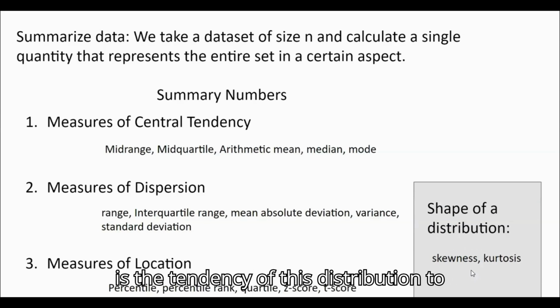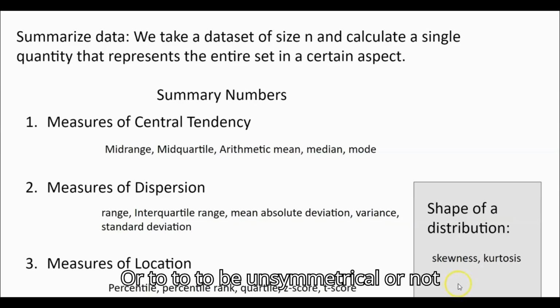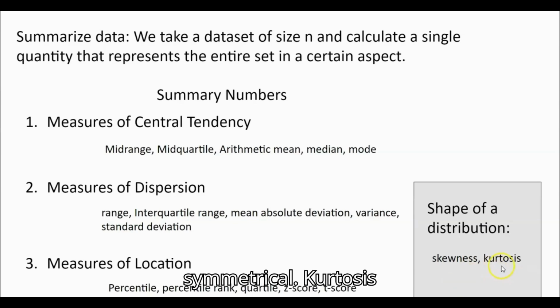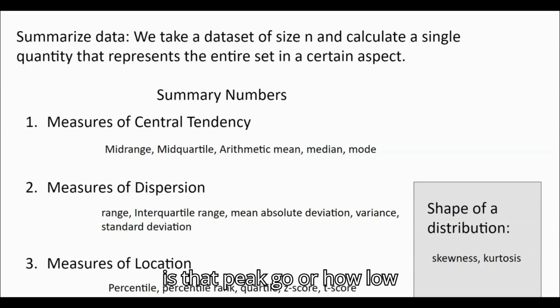What is the tendency of this distribution to be asymmetric, or not symmetrical? Kurtosis, roughly speaking, is the peakedness of the distribution. How high does that peak go, or how low? And skewness and kurtosis serve to test the normality of our data set.